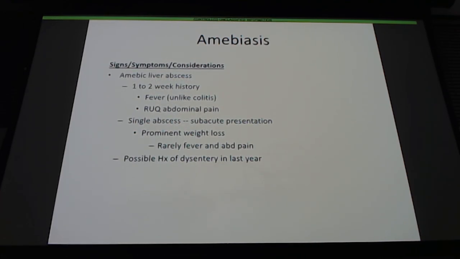All right, this one's specific. Once it becomes extraintestinal, right, outside the intestine, over to the liver area, you may have some fever, you may have right upper quadrant pain, because that's where your liver is. Usually, it is one abscess, usually in the right lobe of the liver.